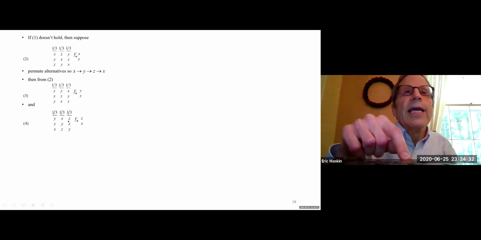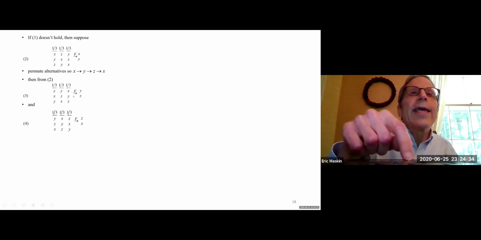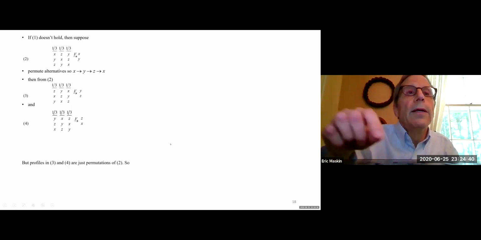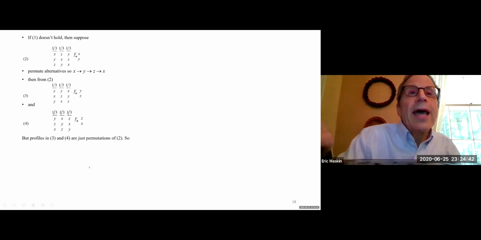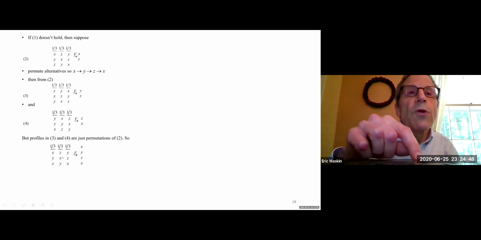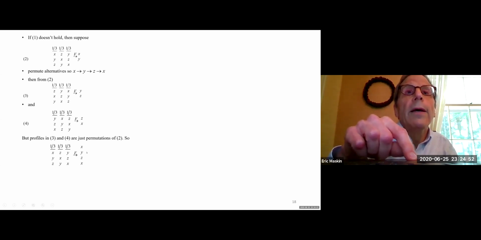We have exactly the same rankings. It's just that different people have those rankings. And so from anonymity, we can conclude from 2, 3, and 4 that for this profile, the social ranking must be X above Y, Y above Z, that's from here, and Z above X.